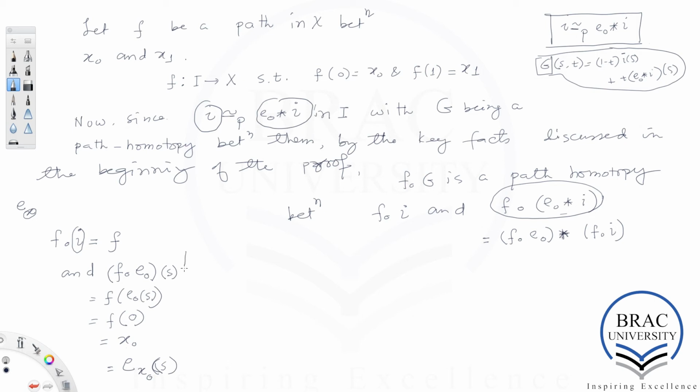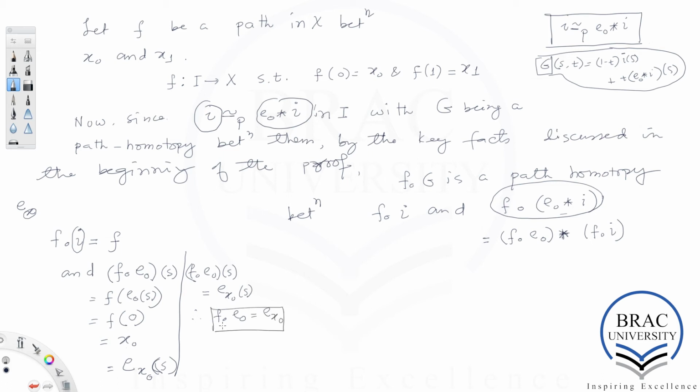So we have found that f composed with e0 at s is equal to e sub x0 at s, which means that f composed with e0 is nothing but e sub x0.